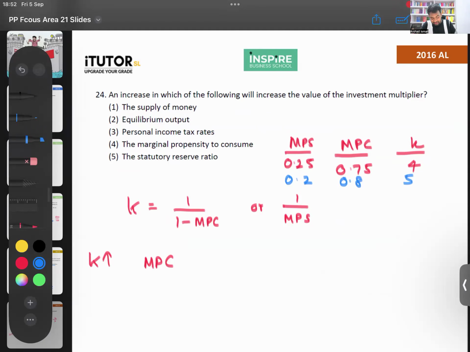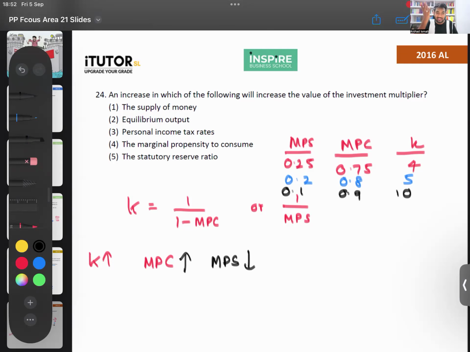Your multiplier is 5. If your MPC goes to 0.9 and MPS is 0.1, how much is your multiplier? It's 10, right? So when is your multiplier increasing? Your multiplier is increasing when your MPC increases, or your MPS has to come down.